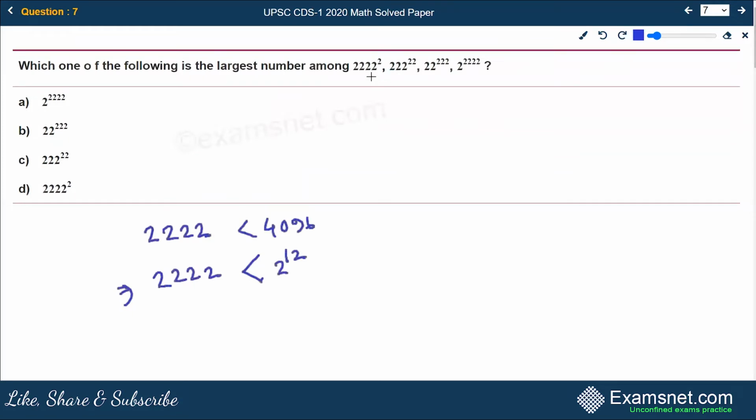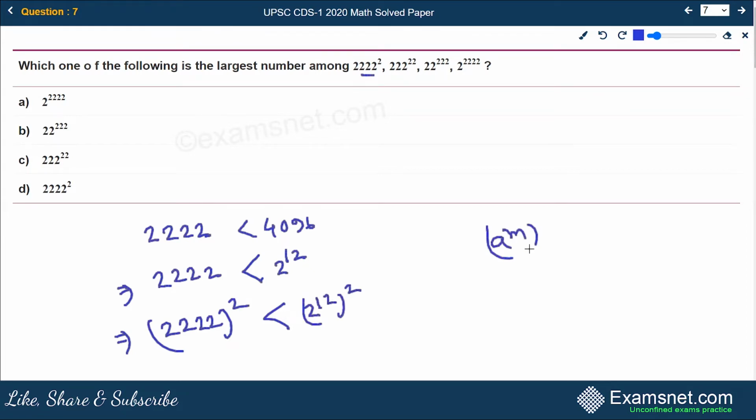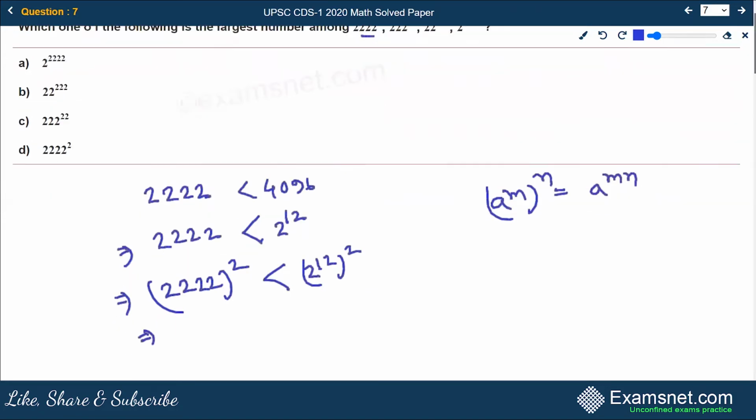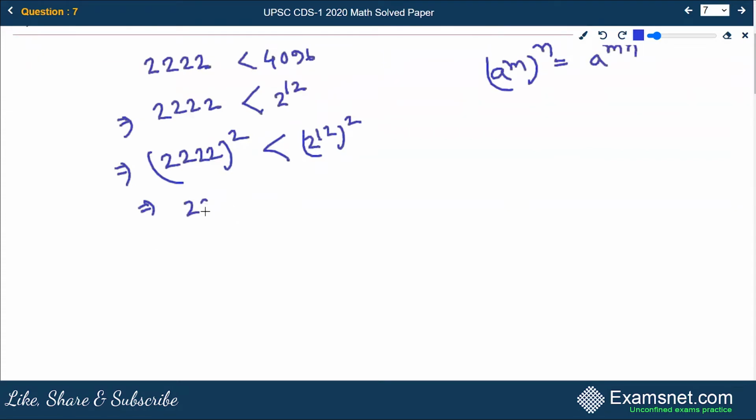Now we can see there is a number 2222 whole square. So let's square both sides. It will be less than 2 to the power 12 whole square. We know a to the power m whole to the power n gives us a to the power mn. So that would result in 2 to the power 24.